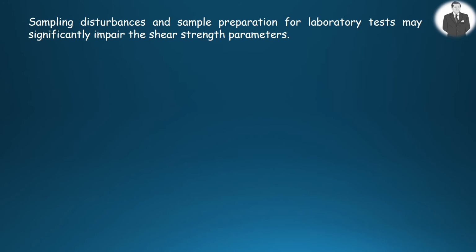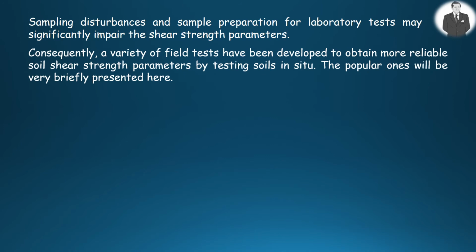Disturbances of soil samples during recovery from the field and sample preparation for laboratory tests may considerably weaken the shear strength parameters. As a result, a variety of field tests have been produced to obtain more reliable shear strength parameters by testing soils in situ.